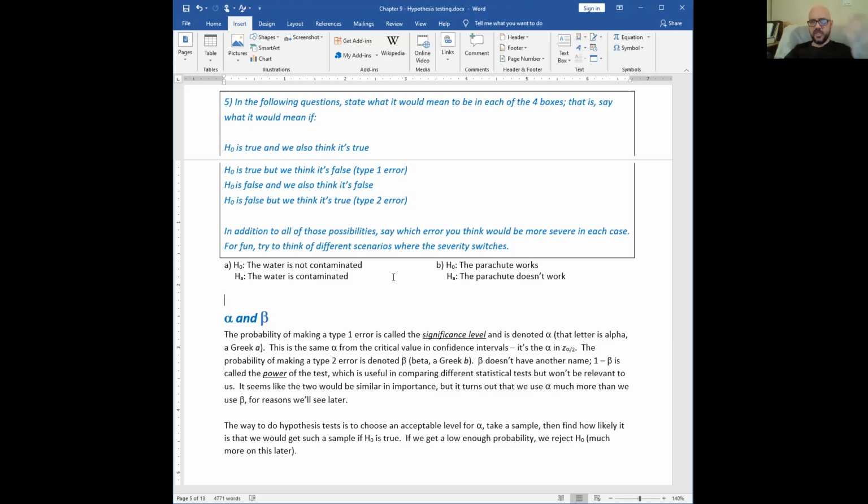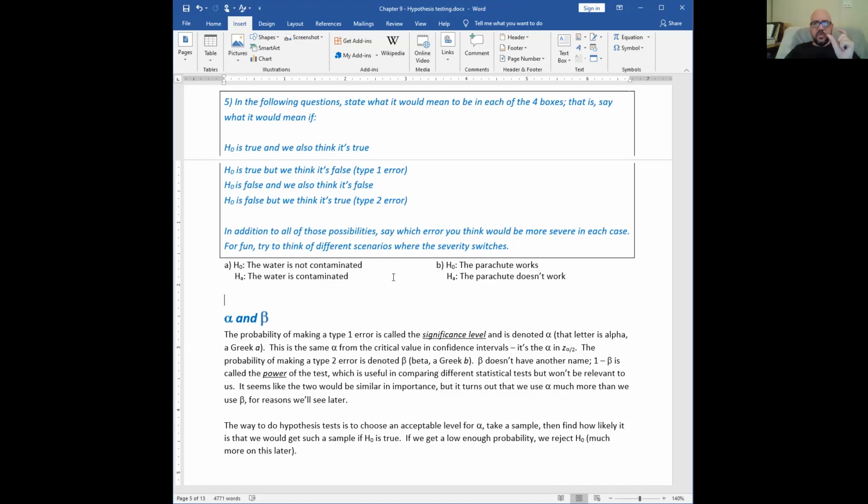I'll give you a scenario and say, tell me what a type 1 or type 2 error is in the scenario. Or I might also ask something like, we chose not to reject the null hypothesis in this case. Could we have made a type 1 or type 2 error? One or the other or both, and which one and why. So you'll have to think about that a little bit. There's a few of those to practice on the homework.